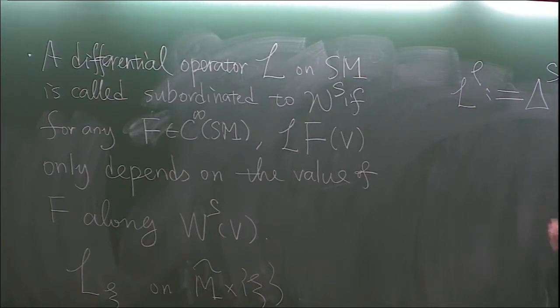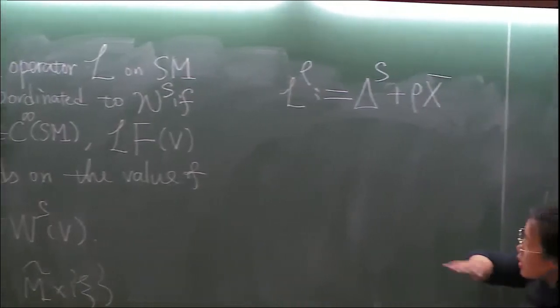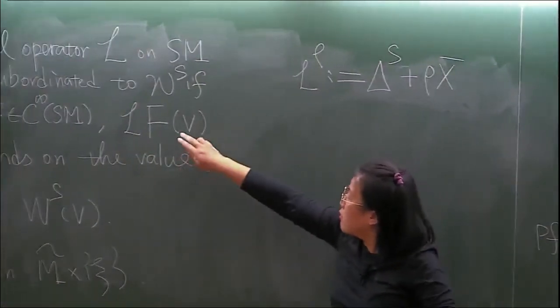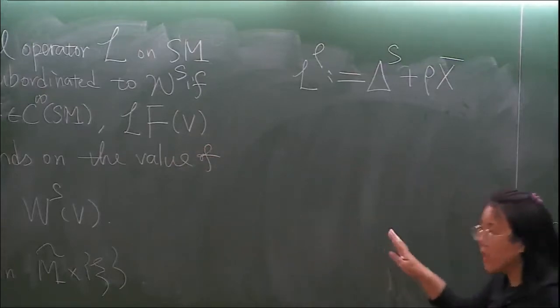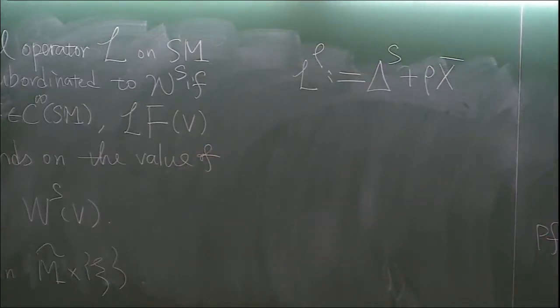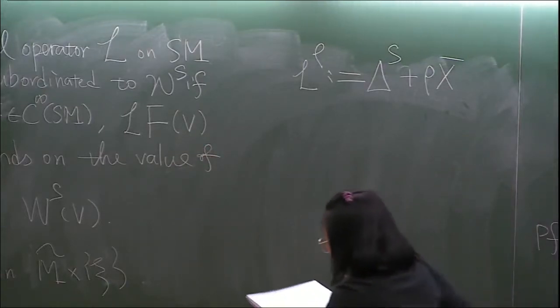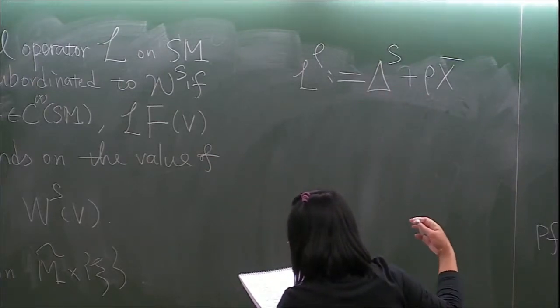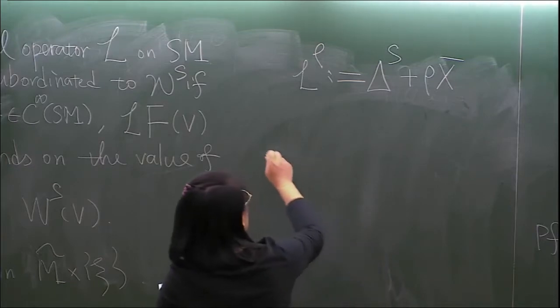So its action on f only depends on the value of f along the leaf, right? So this one will satisfy this condition, and so what does that mean?